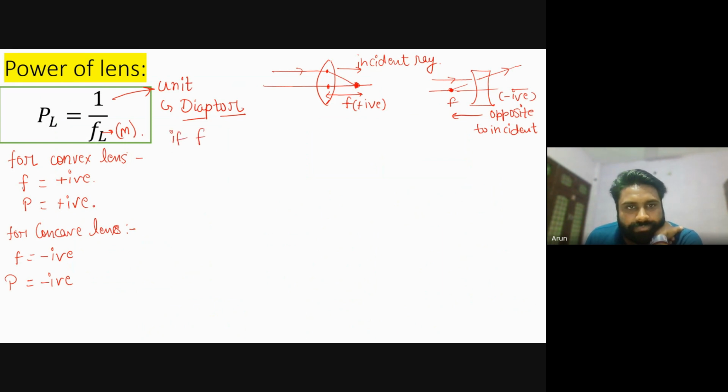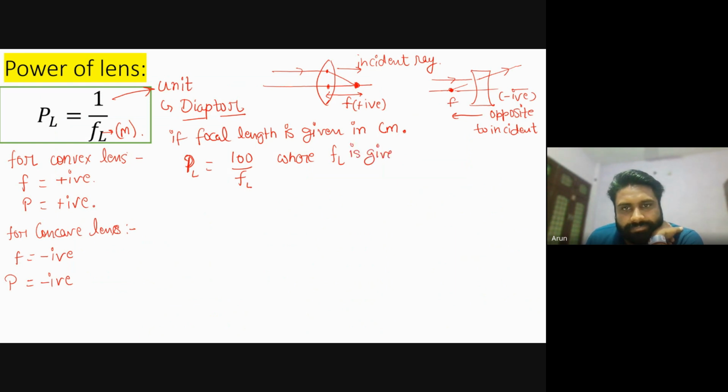If focal length is given in centimeters, the formula for power of a lens would become 100 by f of lens, where f of lens is given in centimeters. Okay?